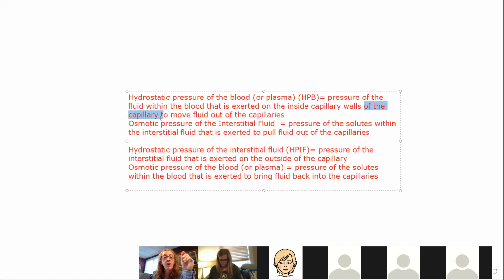The osmotic pressure of the interstitial fluid is the pressure of the solutes in the interstitial fluid that is exerted to pull fluid out of the capillaries. So if you see both here, we have fluid out of the capillaries, fluid out of the capillaries. These are both working to pull fluid out of the capillaries.